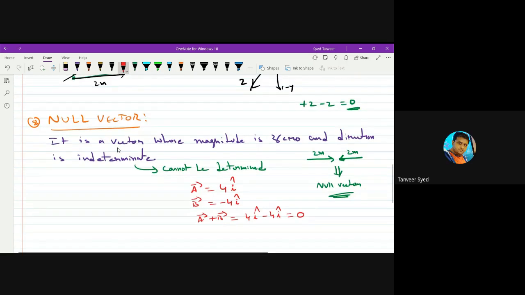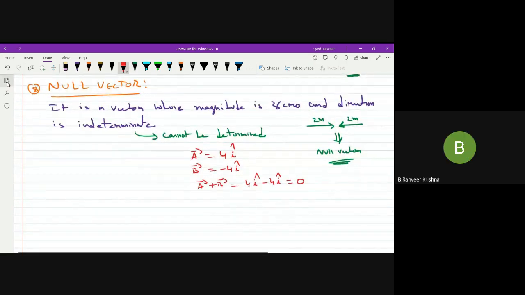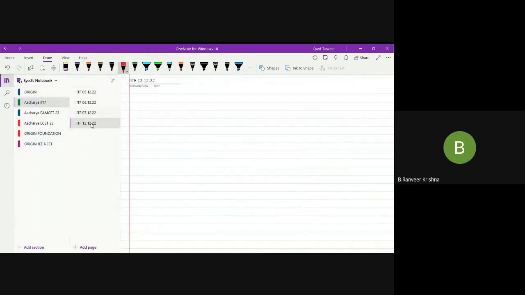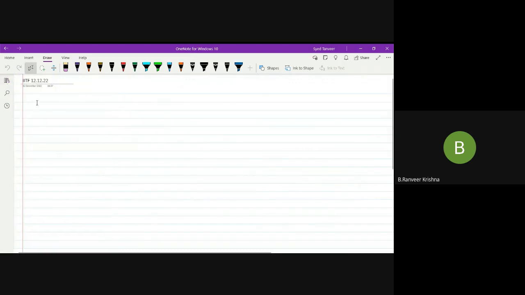Sir, can we write a zero vector also? No. Null vector. If you wish, you can put a bar or arrow mark over it. It is to be read as null vector.